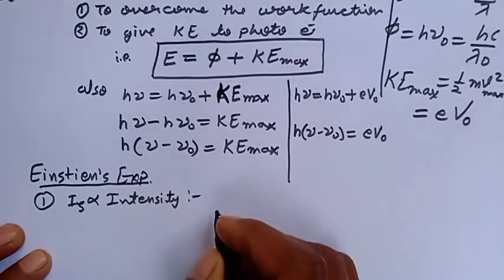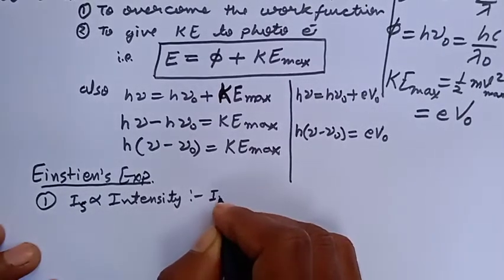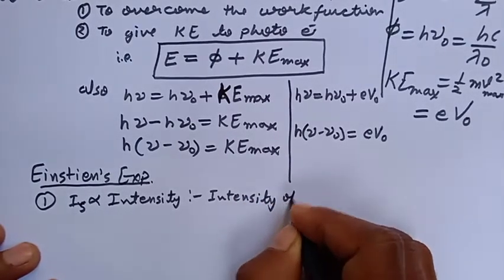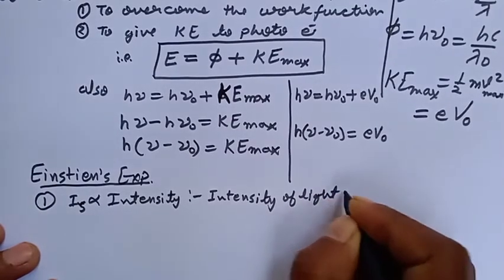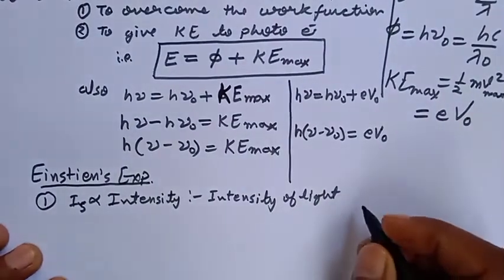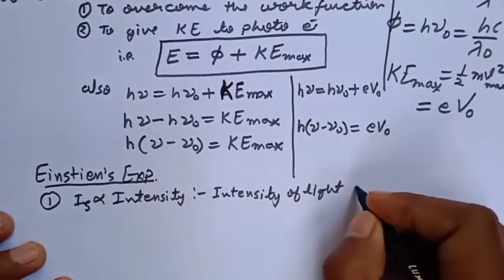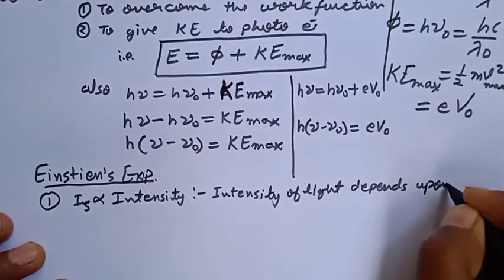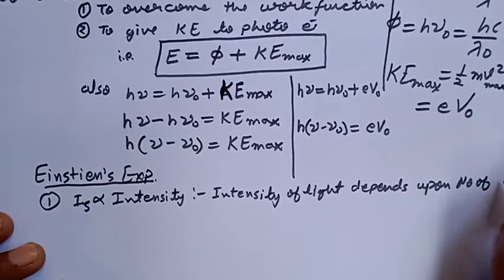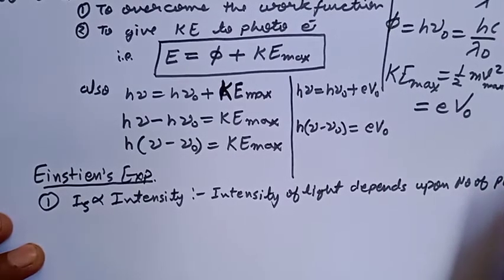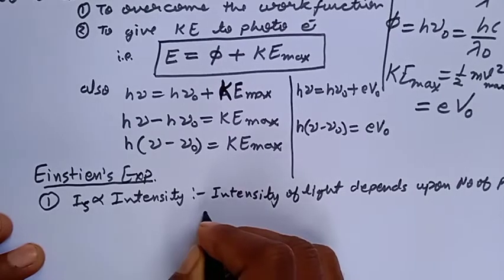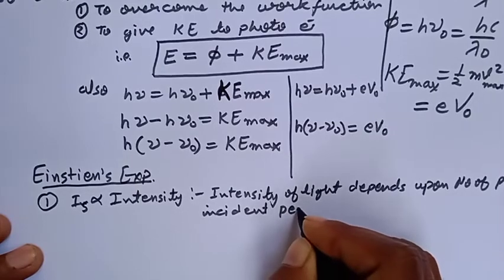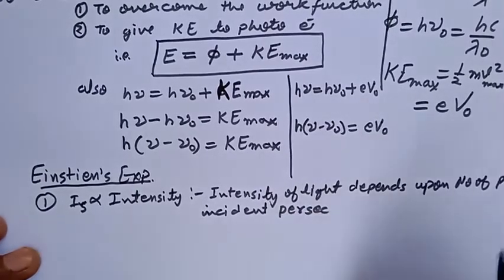He explained it as: intensity of light depends upon the number of photons incident per second, actually per second per unit area.